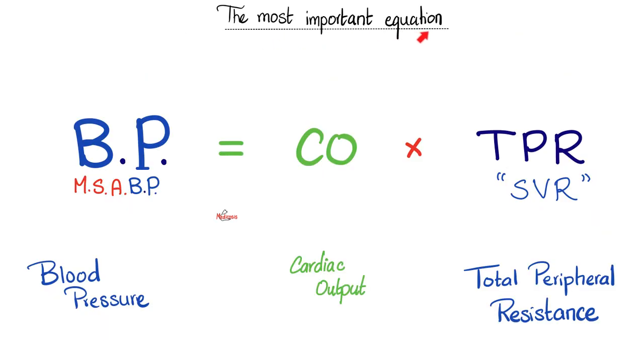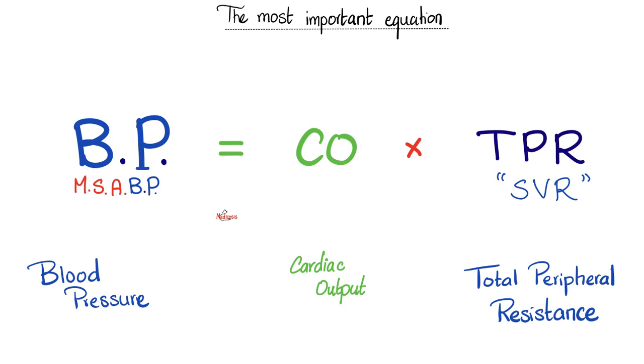And this is the most important equation. If you go to your exam without knowing this, there is no hope for you. I'm just joking. But not really, because this is really important. The mean systemic arterial blood pressure. Mean here doesn't mean cruel. It means average. The average arterial blood pressure. What kind of artery? Pulmonary? No, systemic arteries.